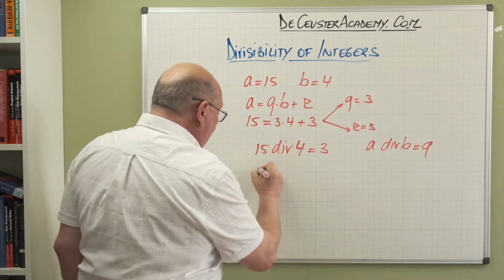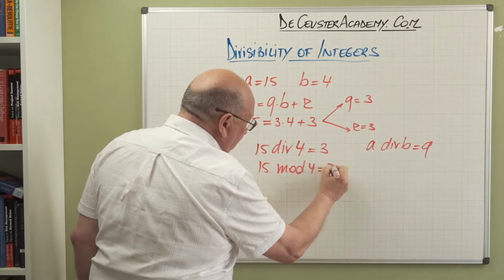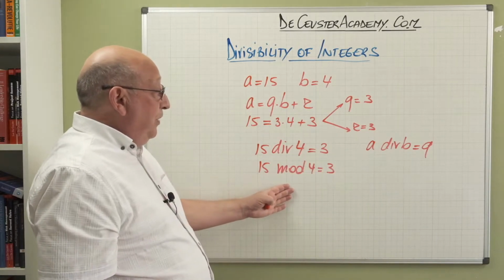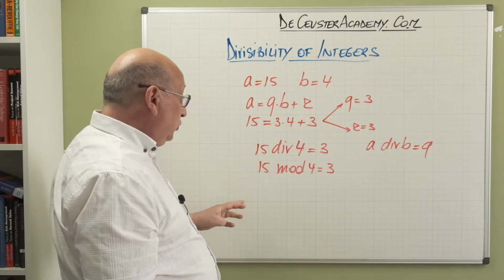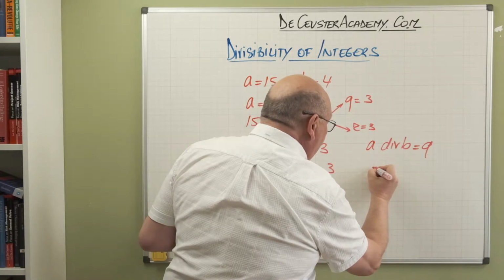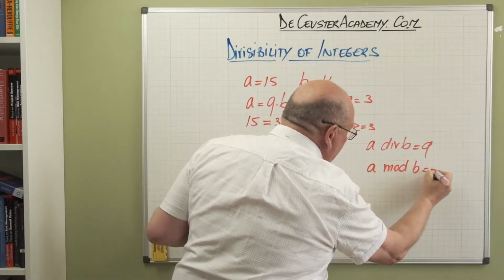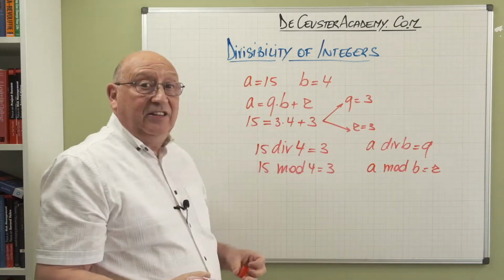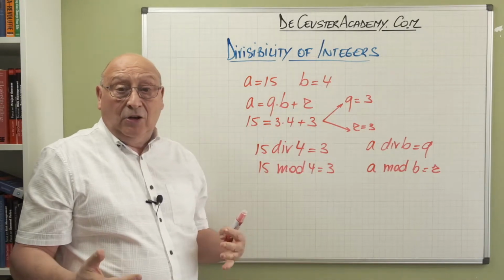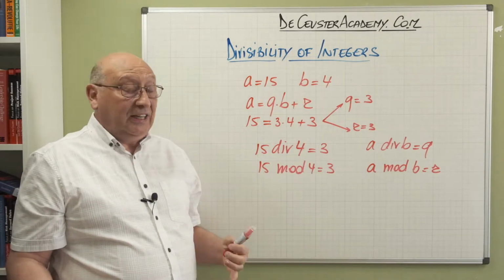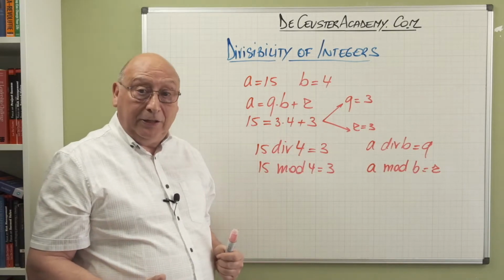Another element: we can say 15 mod 4 is 3, and here we find the remainder of the division. So basically I can say a mod b is r. These are formulas that we will use in modular arithmetic, and these are the basis of modular arithmetic.